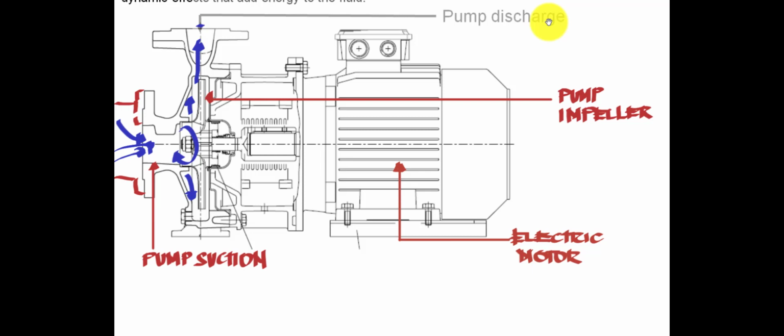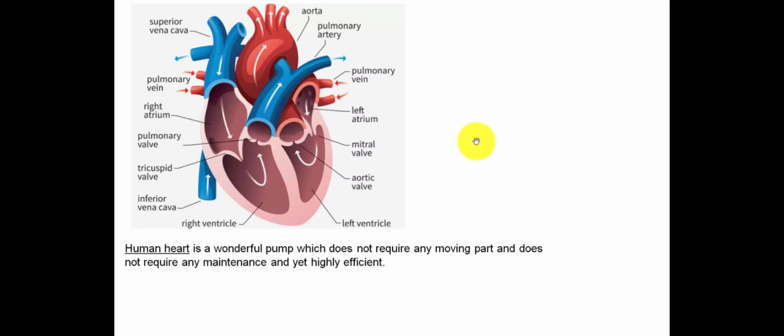As human beings, we also have a pump inside our body. That is called the human heart. Our human heart is a wonderful type of pump that does not require any maintenance, yet it is highly efficient.